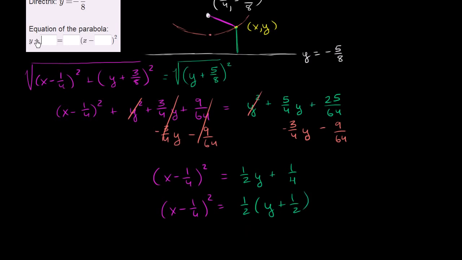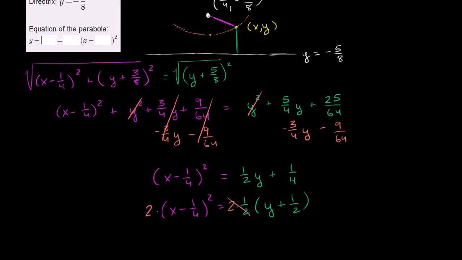And now in order to put it in the form that they care about, they just have y minus something right over here, and then something times x minus something squared. So we need to get this coefficient on the other side. The easiest way I know how to do that is to multiply both sides by 2.